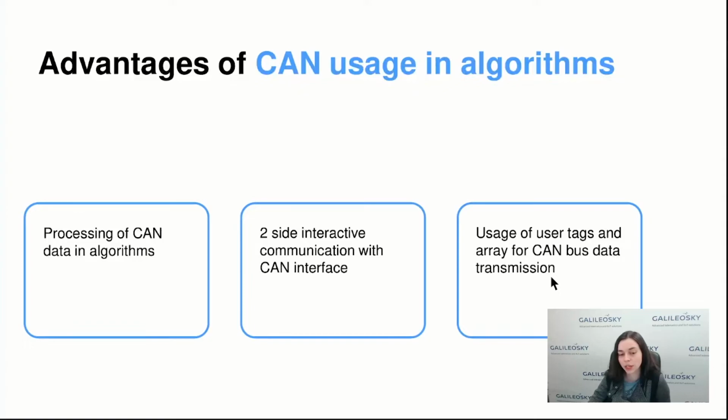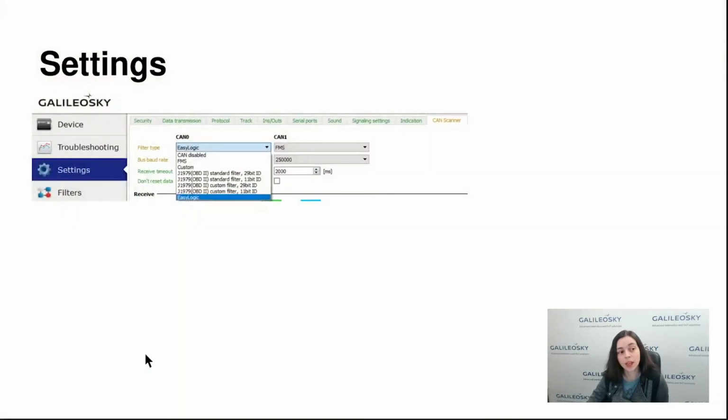Sometimes the amount of CAN tags that we have in our devices, which is pretty much, is still not enough. You can also use user tags and user arrays for saving this additional data. So it is also possible to do in EasyLogic in order to increase the amount of data you want to transfer to the server.